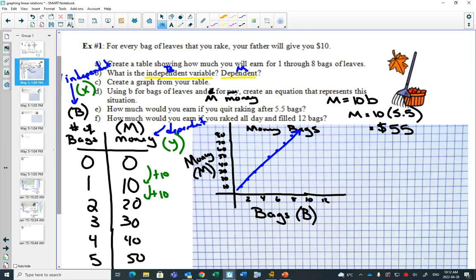If you raked all day and did 12 bags, $120. That would be nice. I'd be happy if someone gave me $120 right now.